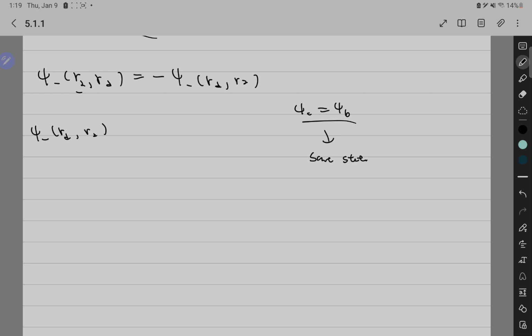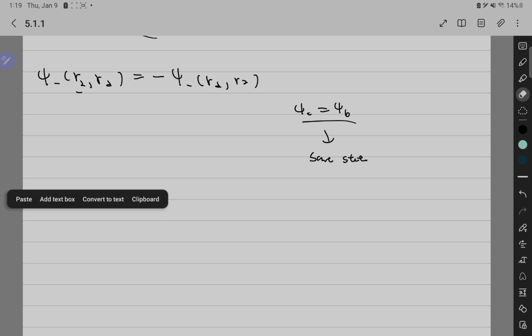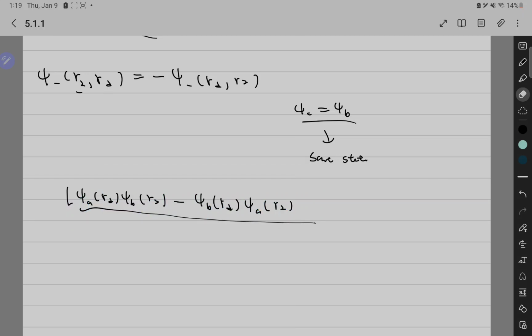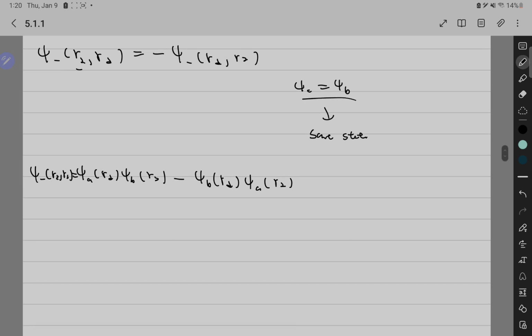Starting with what we write down for fermions, I can just paste what I wrote before. So this is what we have for the negative, equal to psi negative r1 r2. Let me ask you, what happens when psi A is equal to psi B?